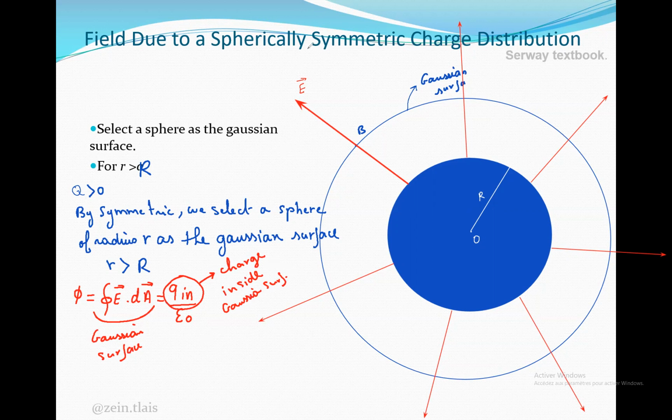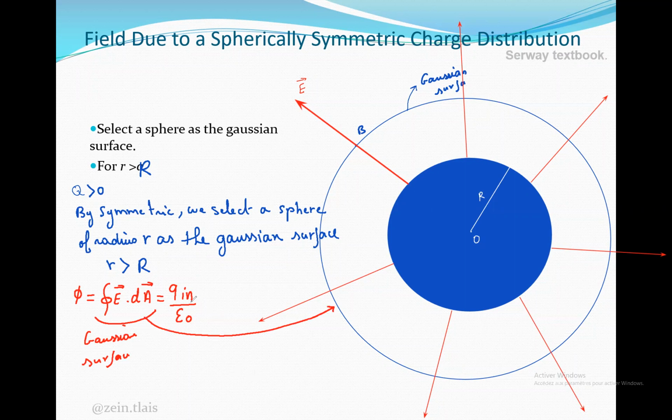I want to calculate these values now. We said before that this term is related to the Gaussian surface, and Qn is related only to the charge inside the Gaussian surface.